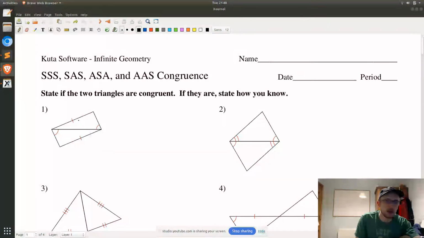Okay, so for this triangle here, yes, because two sides in common, and this angle over here. So yes, that is the, how do you exactly say this?